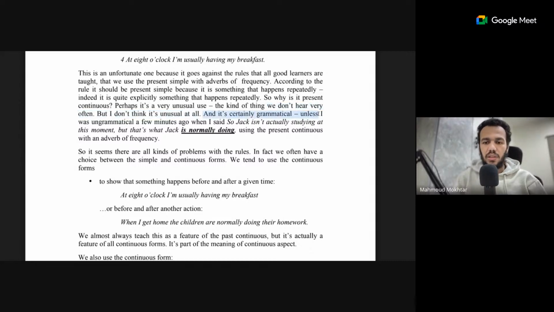And it's certainly grammatical, unless I was ungrammatical a few minutes ago when I said, "So Jack isn't actually studying at the moment. But that's what Jack is normally doing," using the present continuous with an adverb of frequency.